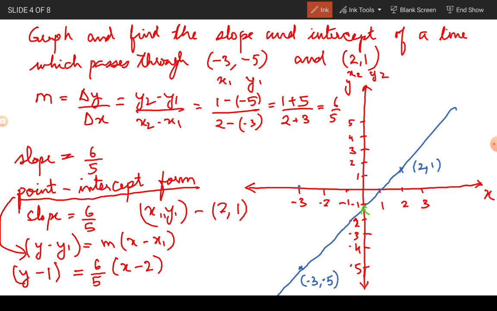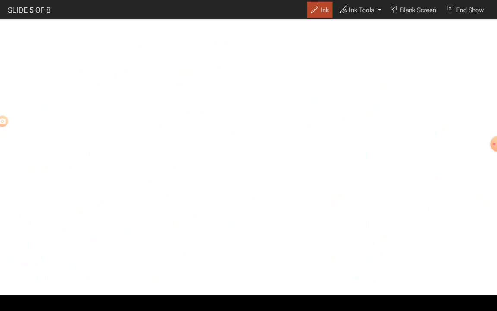So I'm just going to expand this on the next page. Okay, y minus 1 is equal to 6/5, x minus 2. So writing it again, y minus 1 is equal to 6/5, x minus 2.